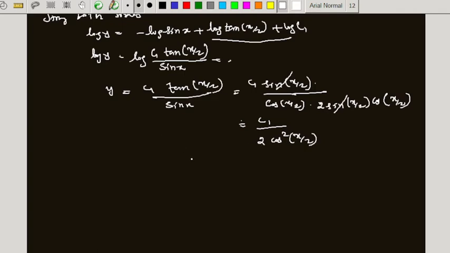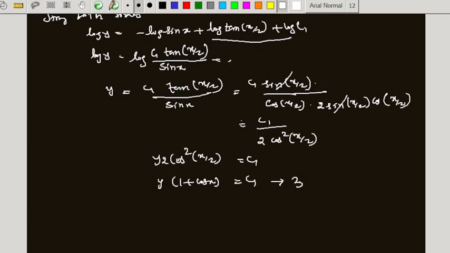Cross multiplying, y times cos square of x by 2 equal to c1, or we can write it as y times (1 plus cos x) equal to c1. So this is equation number 3.